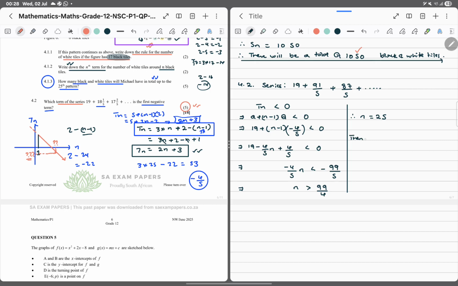We can say then T25 is basically A, which is 19, plus 25 minus 1 times d, which is minus 4/5. So we can say therefore T25 is, so we've got 19 plus 25 minus 1 into minus 4/5. What do we get? We get minus 1/5.